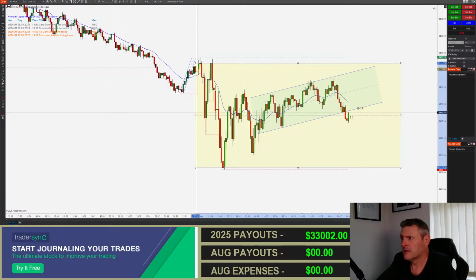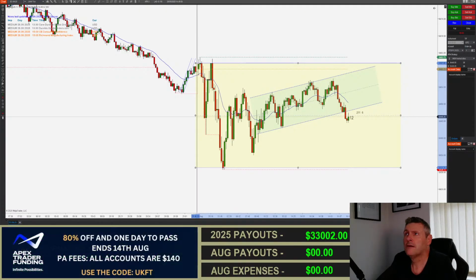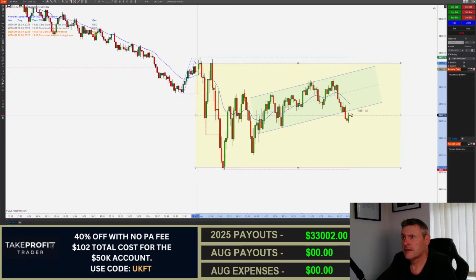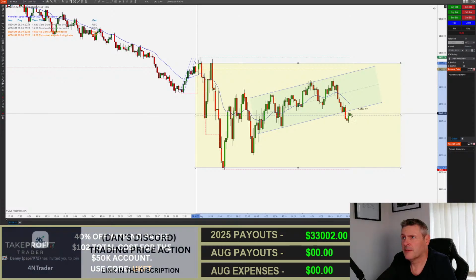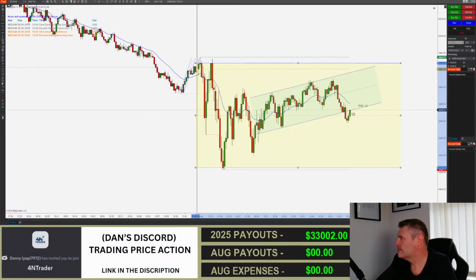I'm looking a bit dull. Just slow that shutter speed down a bit. That's a bit better. That's a lot better. Okay.